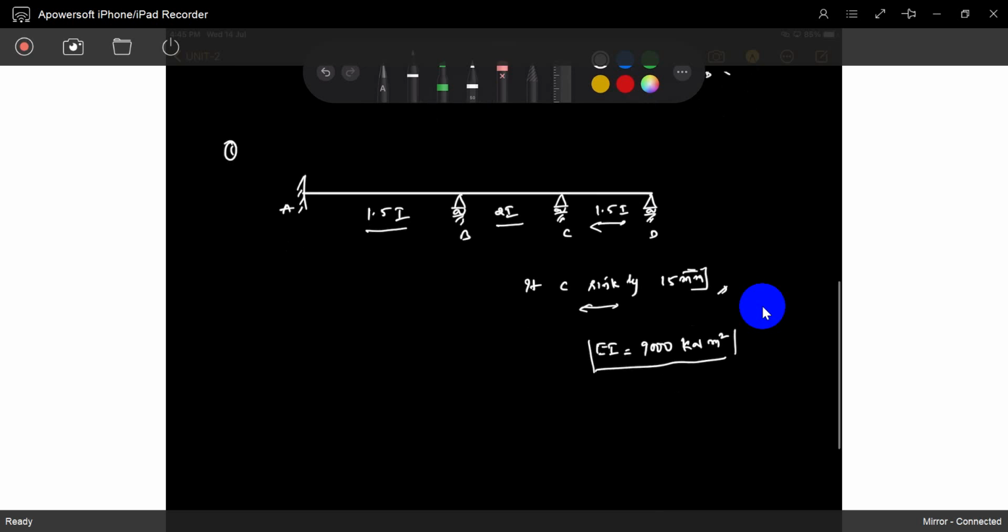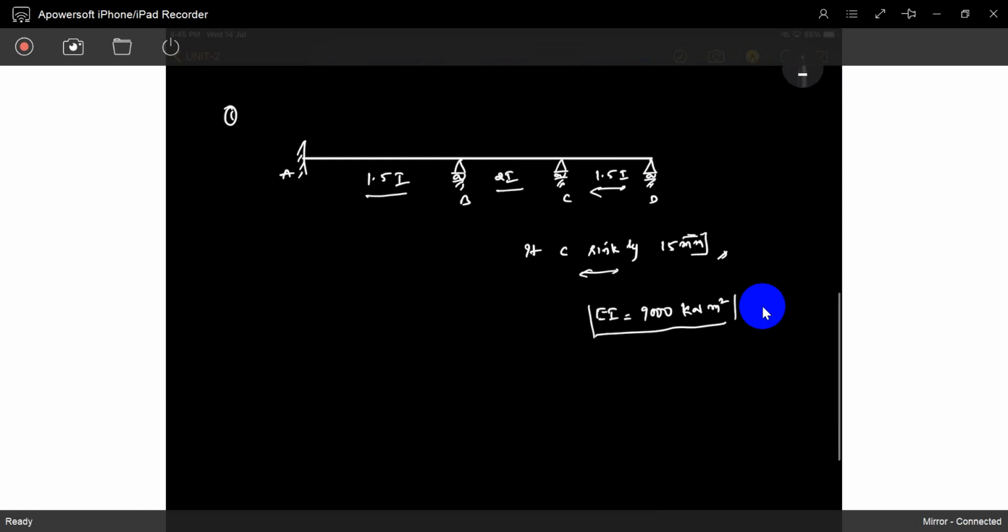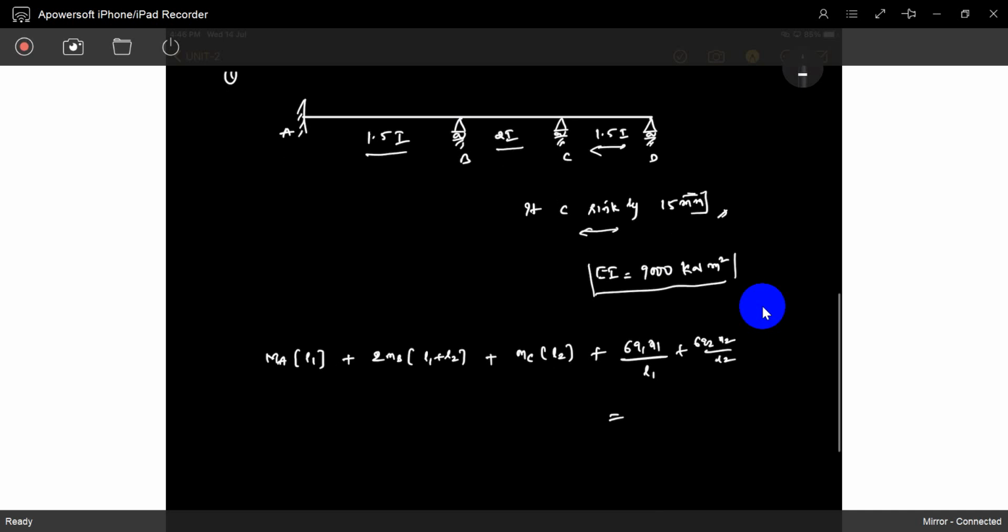So we already know the equation is MA L1 plus 2MB (L1 plus L2) plus MC L2 plus 6A1x1 by L1 plus 6A2x2 by L2 is equal to 6EI delta 1 by L1 plus 6EI delta 2 by L2.